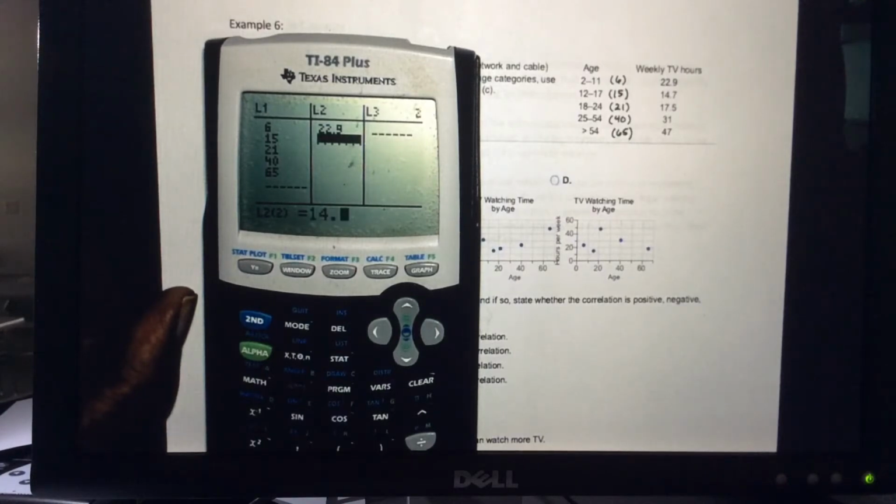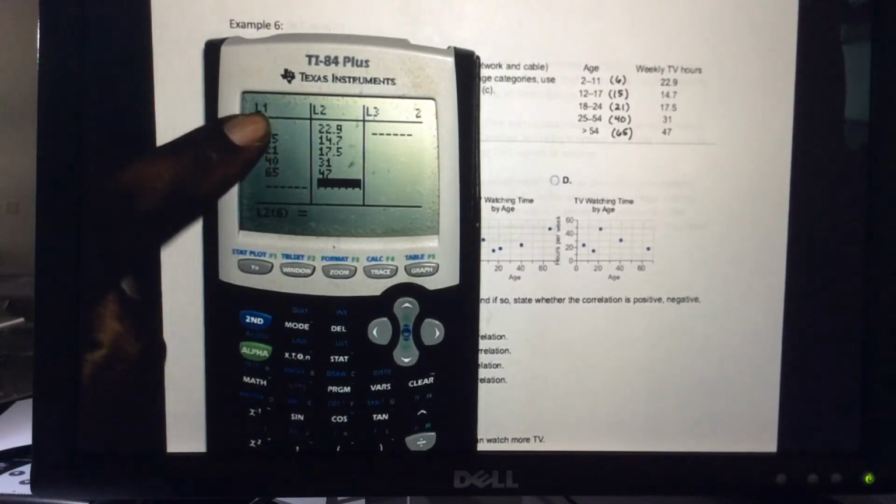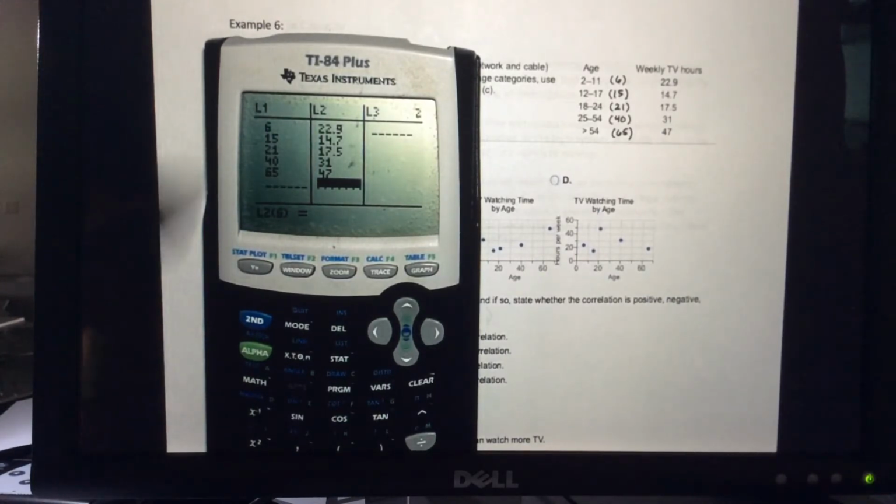Then 14.7, and then enter. Then 17.5, enter. Then 31, enter. 47, and enter. Now you want to make sure that you have the same number of data values in L1 as you do in L2, because these two have to correlate to each other. The 6 correlates to 22.9, 15 correlates to 14.7, 21 correlates to 17.5, 40 goes to 30.1, and 65 goes to 47.